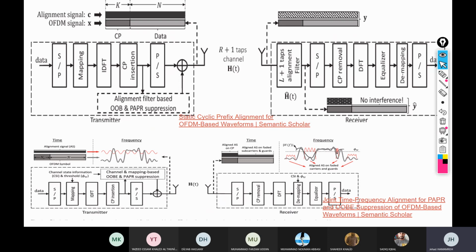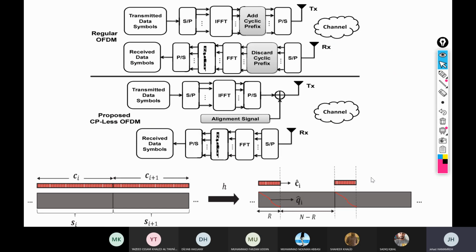We have another technique that adds an alignment signal, not to align over the CP, but to cancel the interference between consecutive symbols and avoid the necessity of using CP.